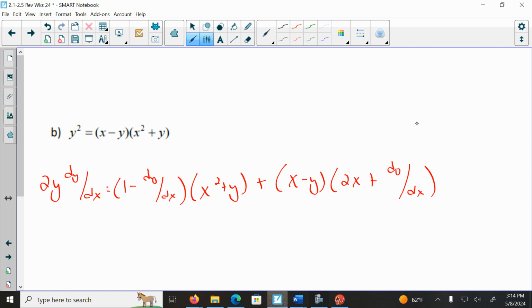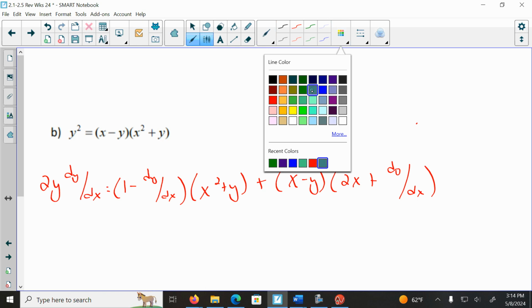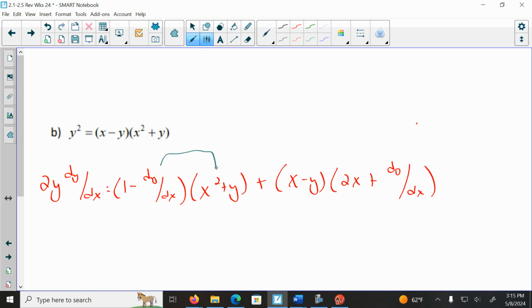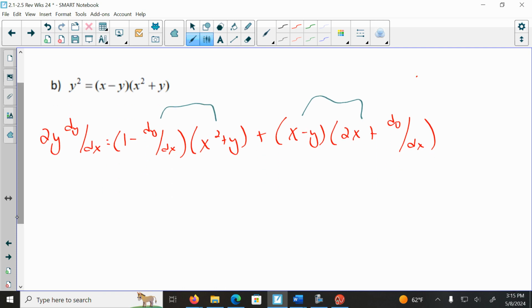Okay, so I'm going to put everything with dy/dx on one side, everything without the dy/dx on the other. Oh, I haven't done it yet. Sorry. I am going to have to multiply these two things, so I'm going to have to FOIL this, and I'm going to have to FOIL these two. Then I'm going to take my dy/dx to one side. So this 2y dy/dx is just going to hang out to the left for a second.